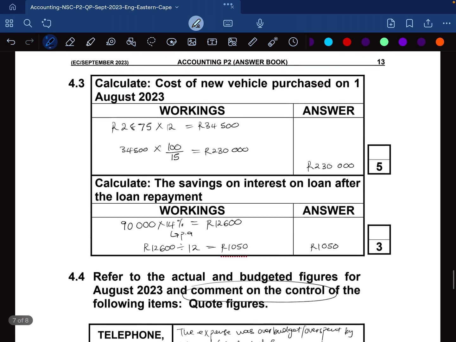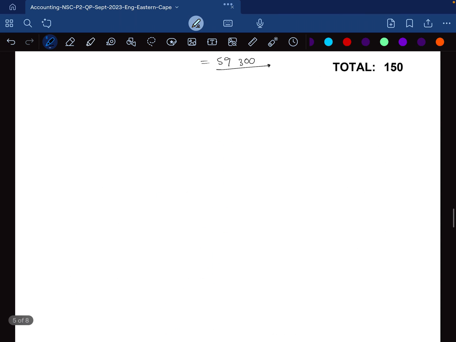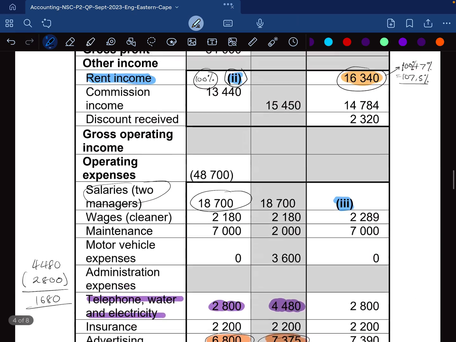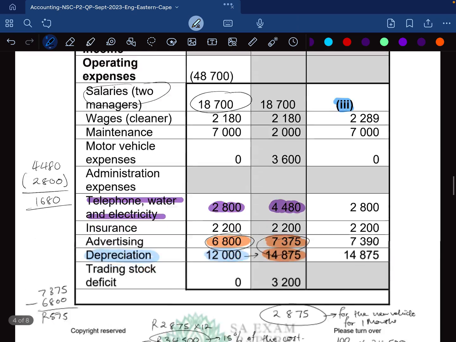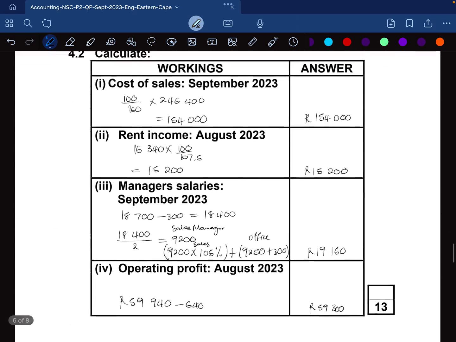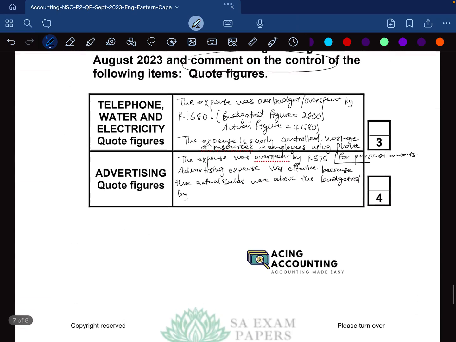by, okay, now we are going to look at our sales. So the difference between 252 minus 224 was 28,000. So by 28,000, which is positive, right?